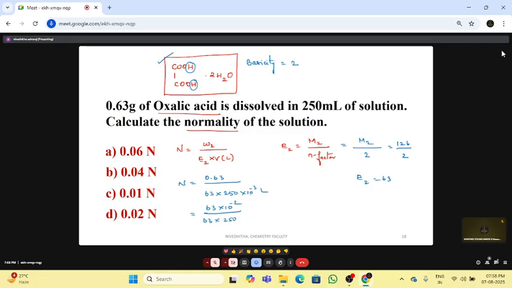I can bring this 10 power minus 3 to the numerator, which is 10 power plus 3. That's it. So 63 will get cancelled out. Now simplify this and let me know the value. So normality is equal to 10 divided by 250 or 1 divided by 25.